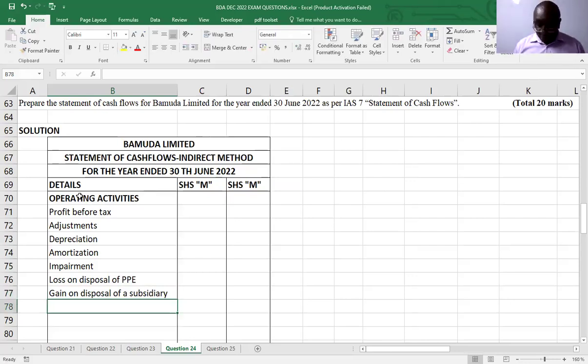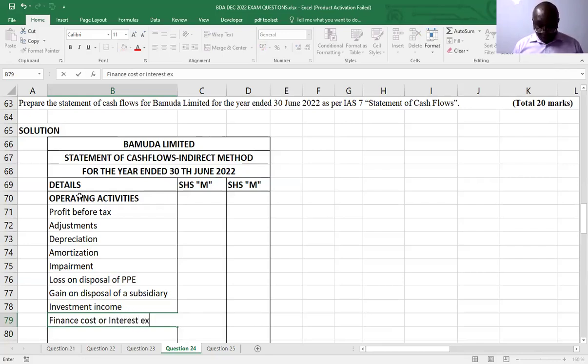Then, in case you have any investment income, you bring it here. Investment income. Then we have the finance costs or interest expense.